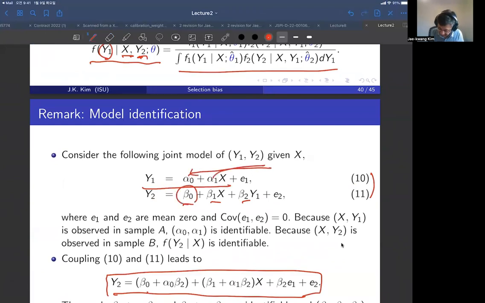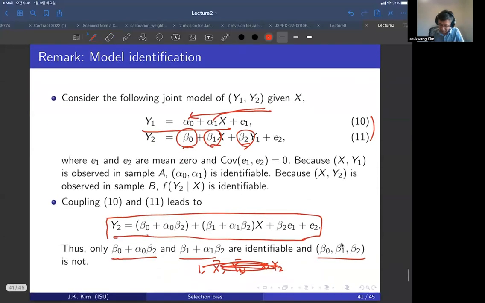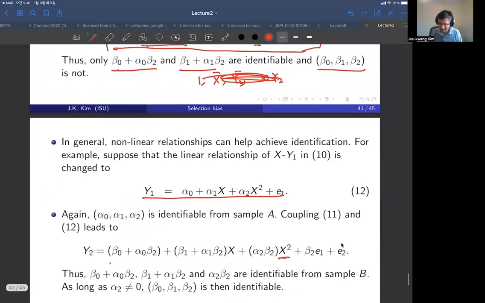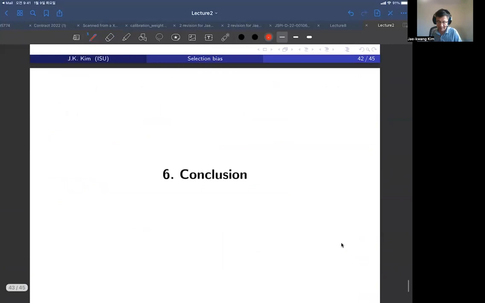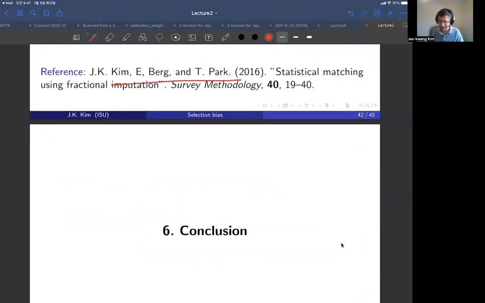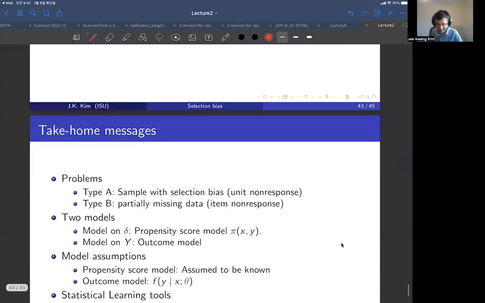So only these three are unknown. So you have 3 unknown parameters, but you have only the intercept and the linear term, and you cannot really estimate the 3 parameters, right? But if you have a quadratic term, then you now have 3 parameters with 3 terms. So that's how you can estimate the parameters. Okay. So this is the paper discussing this problem.